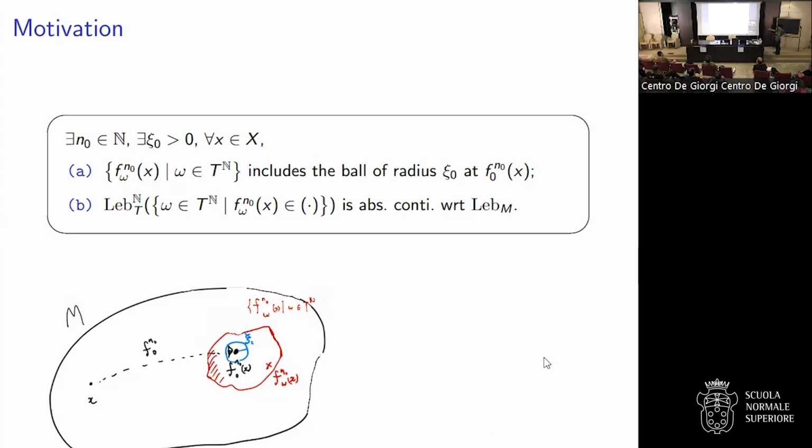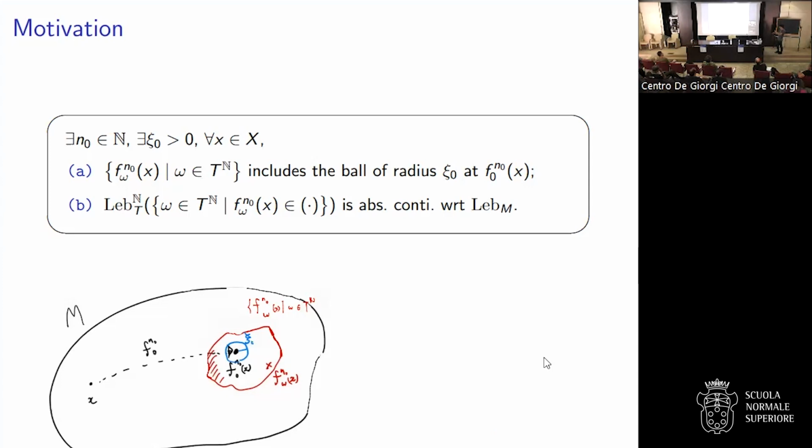So you consider the image of this. In this sense the noise is not small, in the sense that this red region includes some ball of radius ξ0, and ξ0 is independent of x.